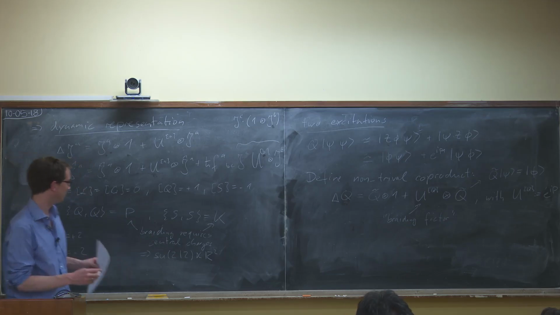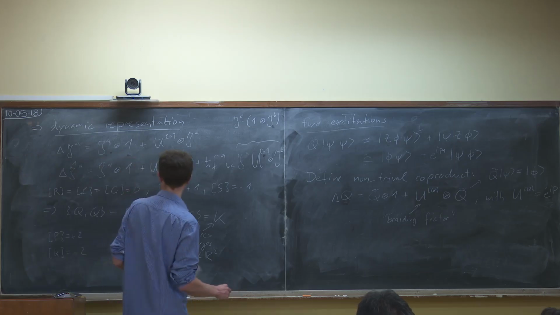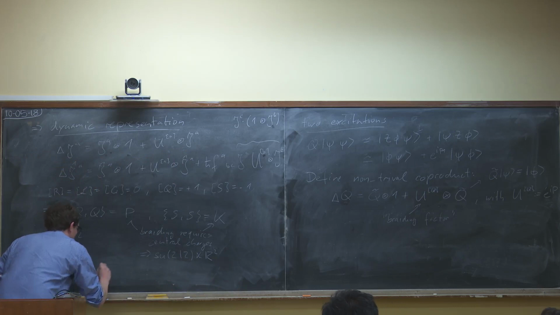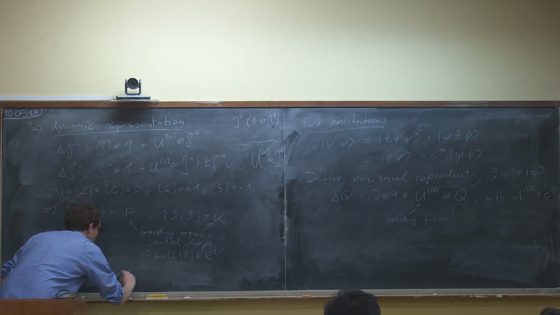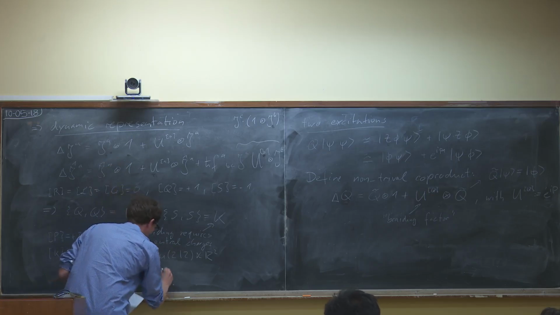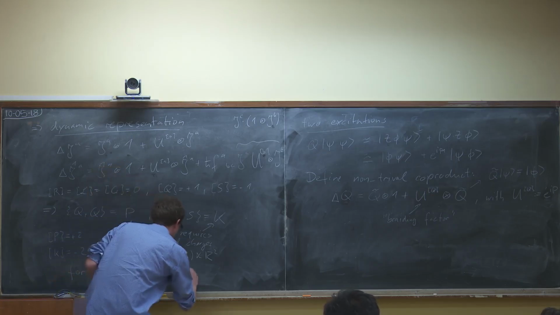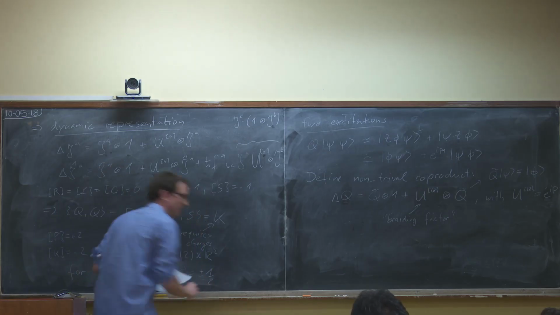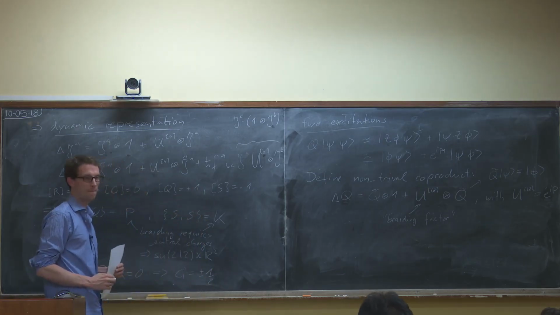Actually, when you look at, let me write this here. So for P and K being 0, you find that the algebra implies that C, the original central charge, can only be plus minus 1/2. Yeah?